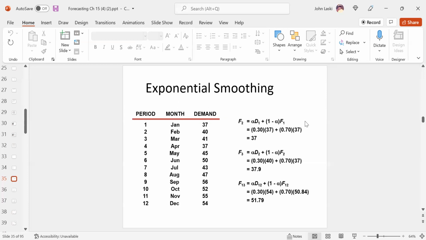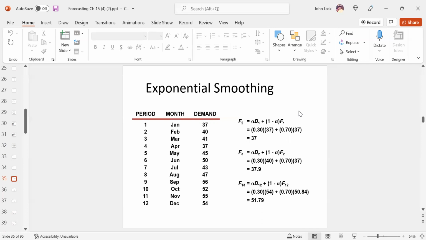So in this first calculation, I am going to use the demand data in both locations. Now, those of you that are better than me at math already know that over here, I've got a weighting factor called alpha. And over on this side, I've got a weighting factor 1 minus alpha. So I'm going to, in essence, weight the current demand and add to that the reciprocal of the weighting factor for the current forecast.